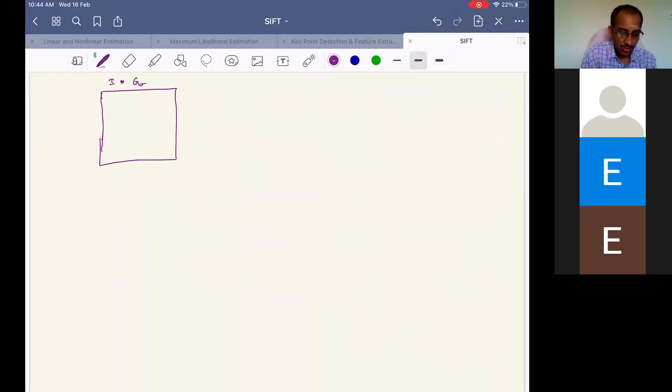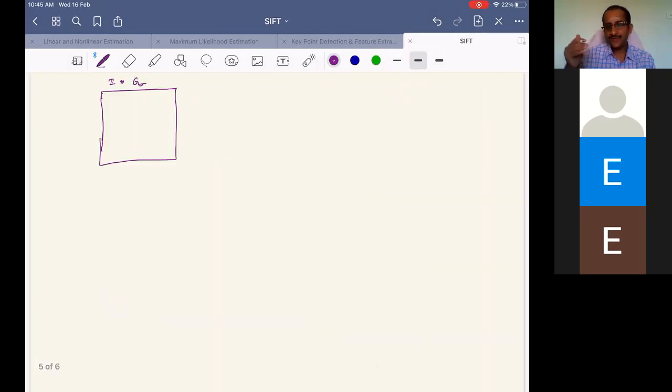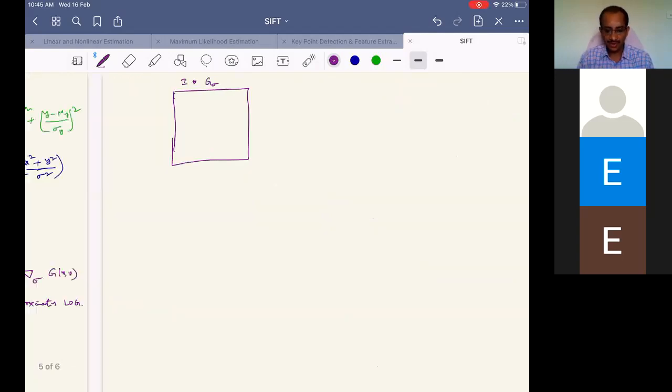Now, if I want to construct the difference of Gaussian, the idea, as I mentioned in scale invariant feature transform, is to look at the features, corners, which are stable across different scales, not just at one scale. So which is the one which defines the scale here?